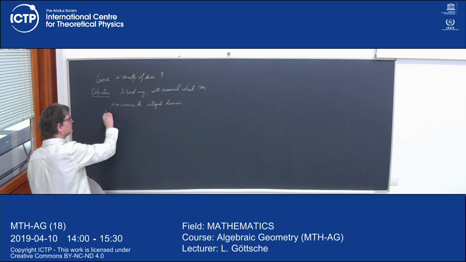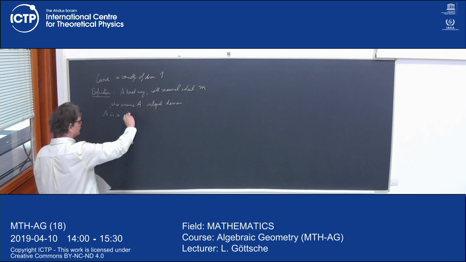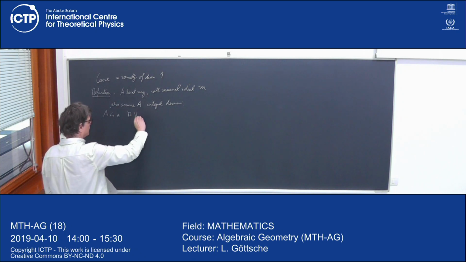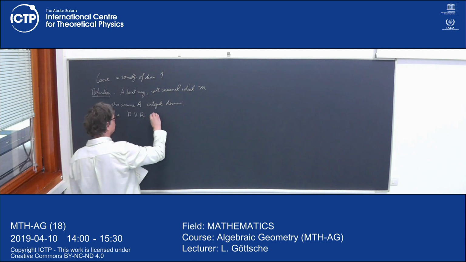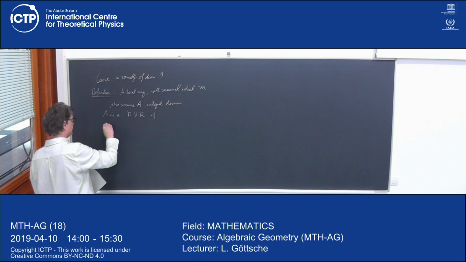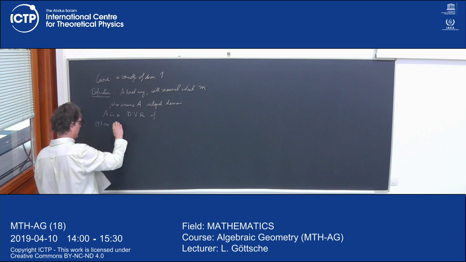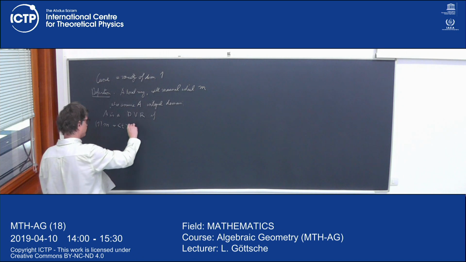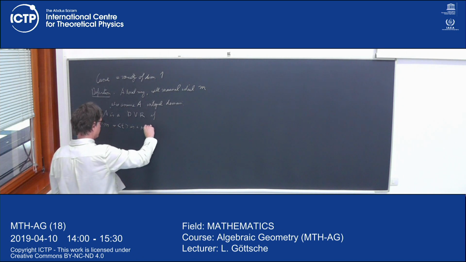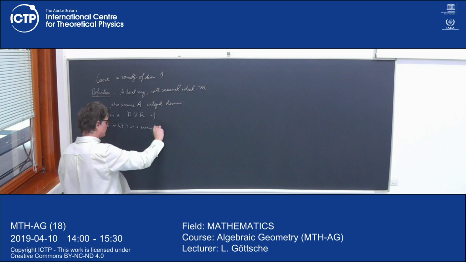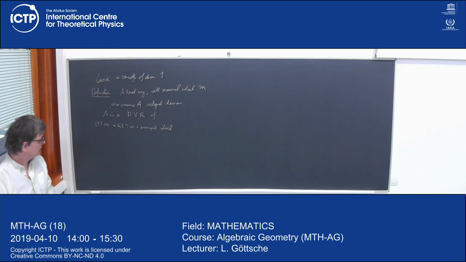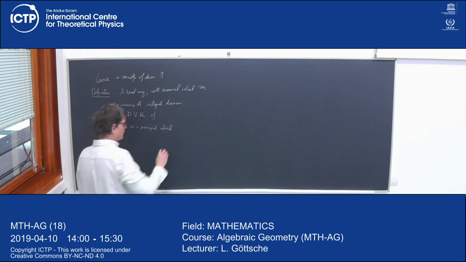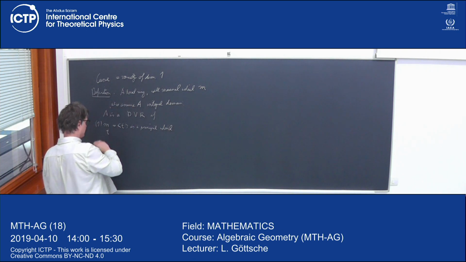A is a discrete valuation ring, always abbreviated like that, if first, M is a principal ideal, so there exists some element t such that M is generated by it, and t is then called a uniformizing parameter.